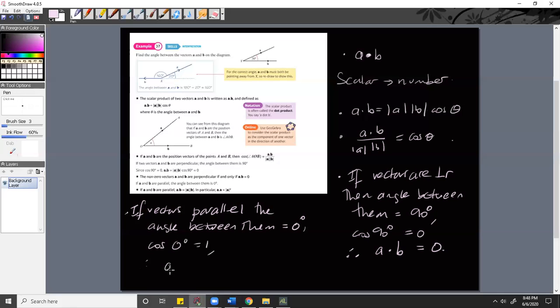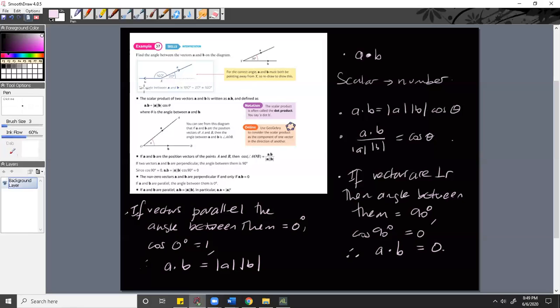So therefore, the dot product here will be equal to the mod of A times the mod of B, because cosine of theta is just equal to 1. There are various other things here. So the dot product of A and A is just the modulus squared. And I think that's basically it.